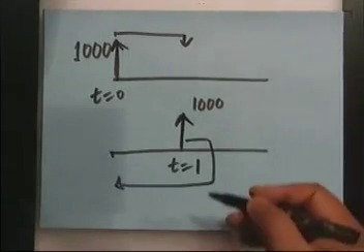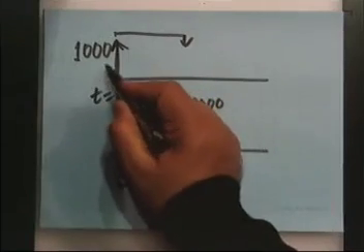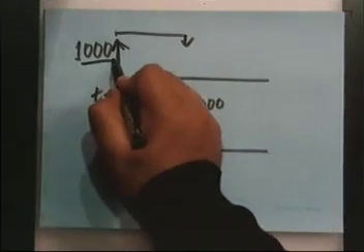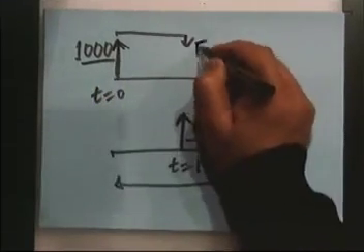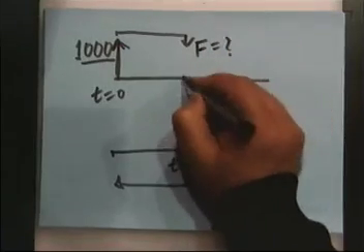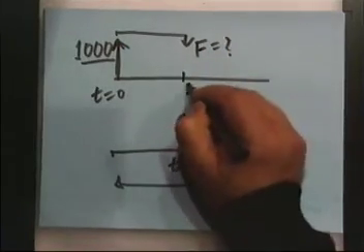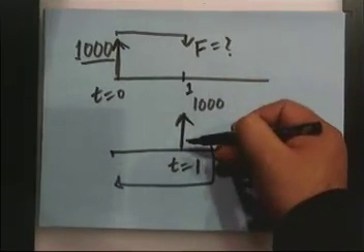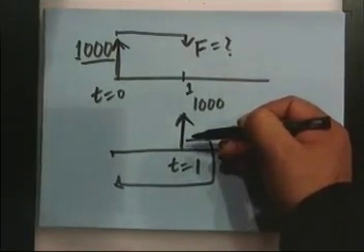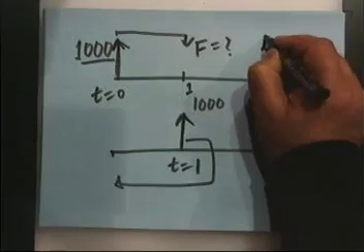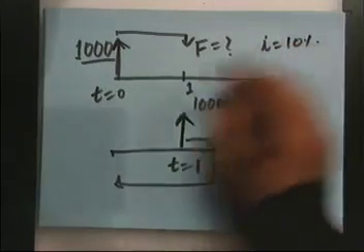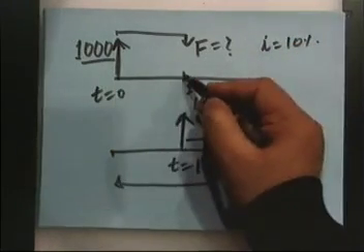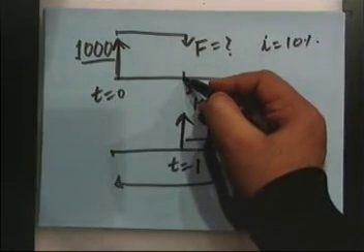So, for this example, either I have to convert this 1000 to its future value f at time t is equal to 1 and then simply add 1000 into it. Suppose interest rate is 10%, this 1000 would be equal to how much at time t is equal to 1?